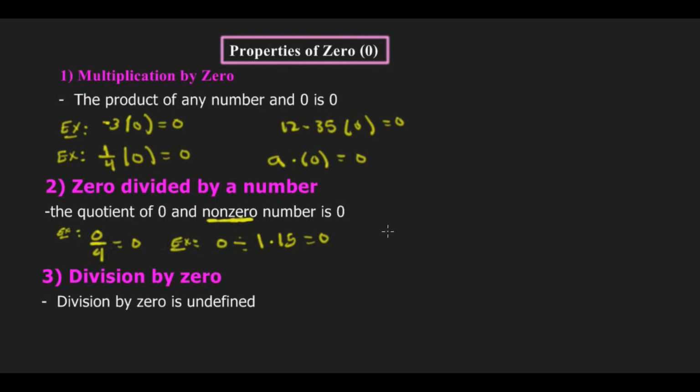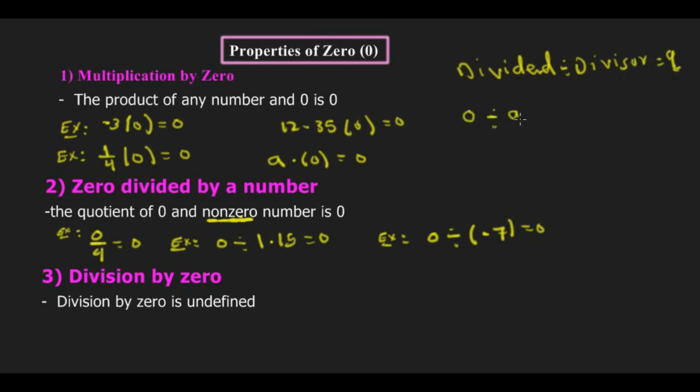And if we take another example, a real number like 0 divided by -7, the answer is going to be 0. So if we have 0 as a dividend and we divide it by any number a, the quotient is going to be 0.